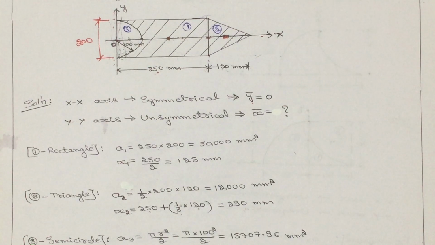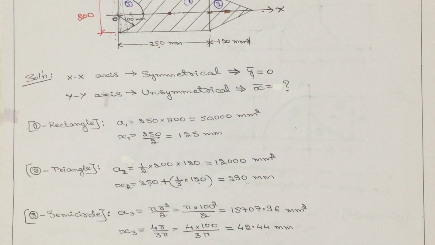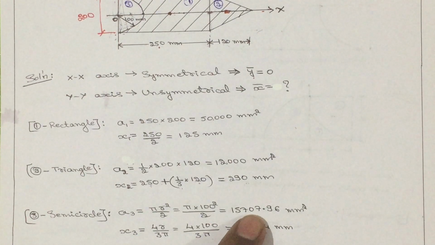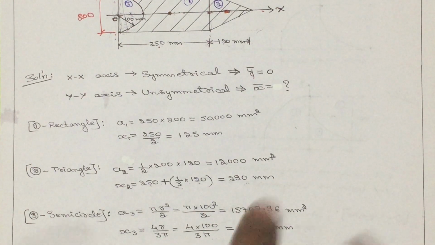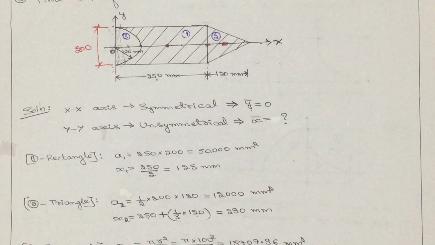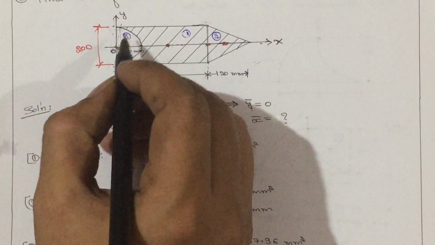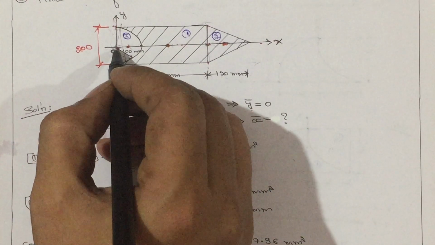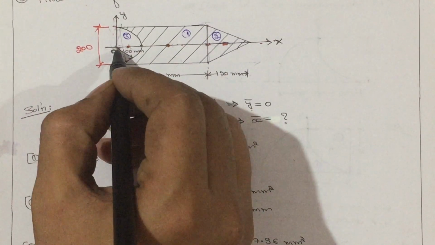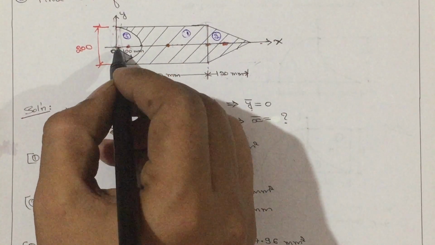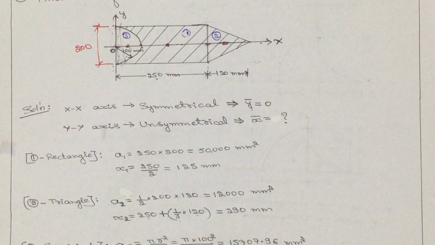Then the third figure is the semicircle. For a circle, the area is pi r square. For a semicircle, or half of the circle, it will be pi r square divided by 2. Here r is 100 mm, so you are going to get this value. Then we need x3. The centroid will be somewhere in the semicircle, and this is the y axis. From the y axis to the centroid, the total distance is 100.